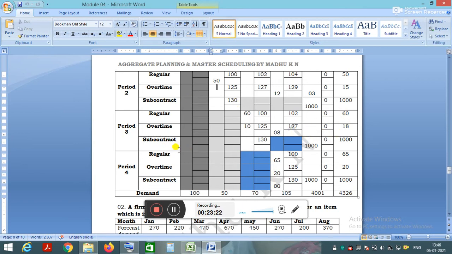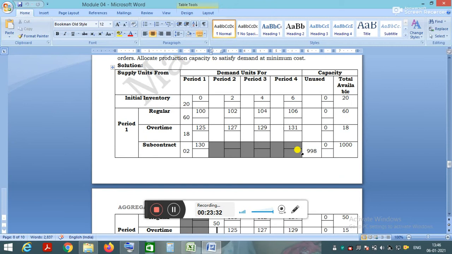In period 2, period 3 and period 4, we did not utilize subcontracting. We utilized only the overtime and regular time. Only in period 1 did we subcontract the products. Therefore the remaining unused capacity is 998 in period 1.